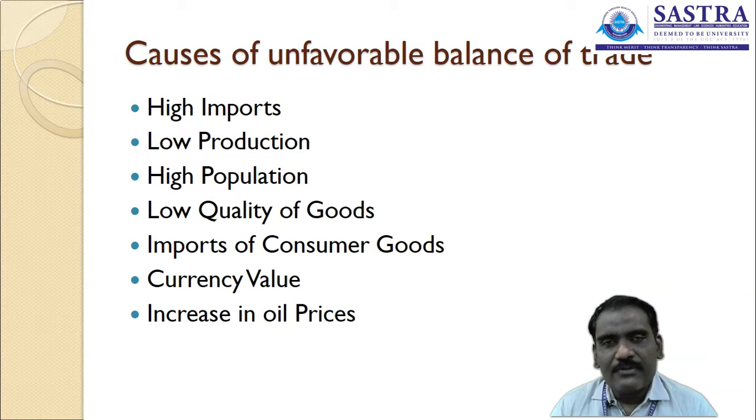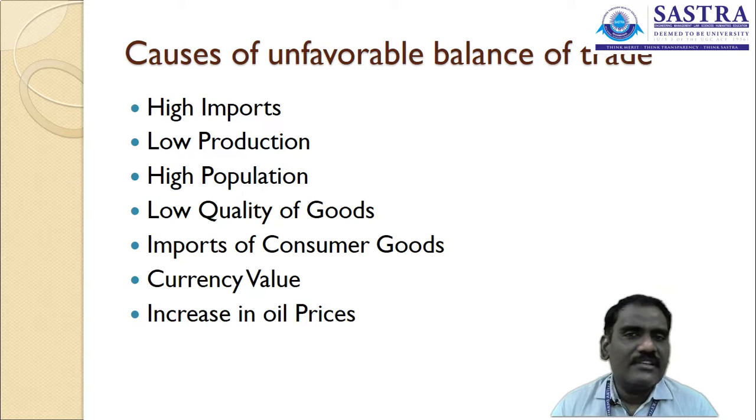And the next is the import of consumer goods. Consumer durables and consumer goods are also being imported, which also makes a difference. The domestic players are not able to survive in the market, and do not have the capability of manufacturing the goods. Whenever imports happen, it is going to make an adverse situation.